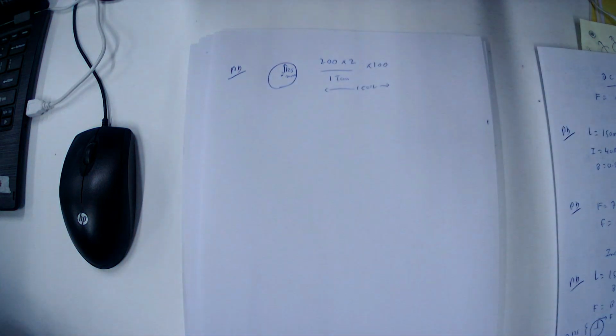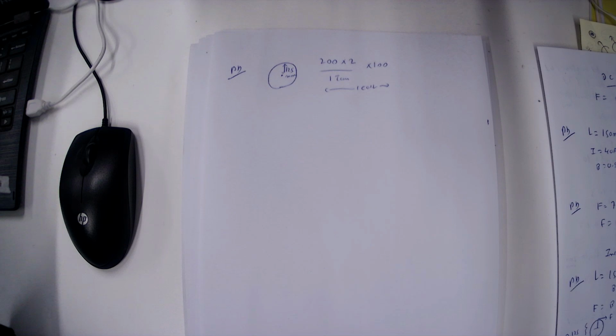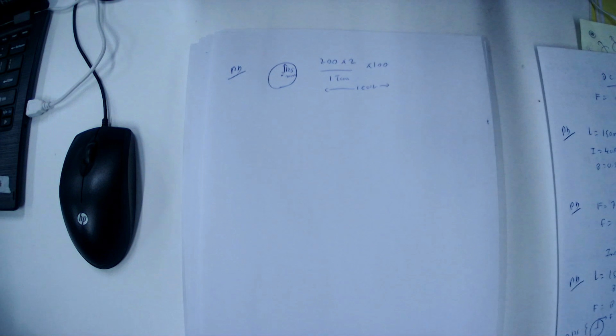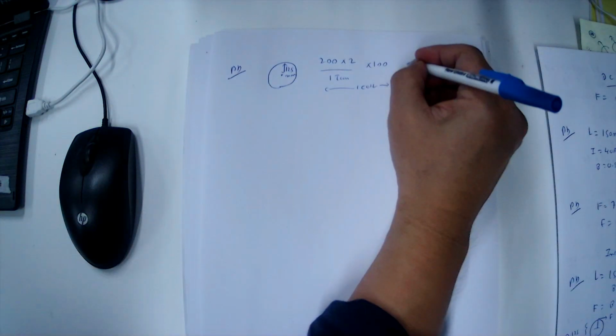For one coil, every one turn has an armature length of 200 millimeter, and there will be go and return, so 200 multiplied by 2. Every one turn is 200 multiplied by 2. There are 100 turns, so this is the length of each coil. How many coils together? There are 4 coils.